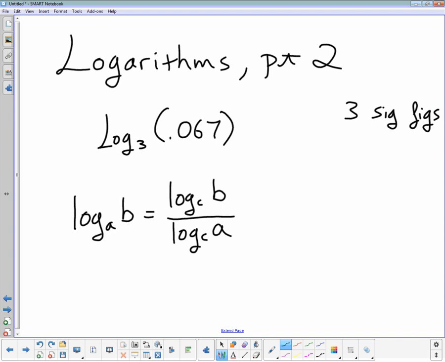If you just look at your numerator or just look at your denominator, they will not be the same number. But when you divide them out by your respective denominators, you will get the same answer.